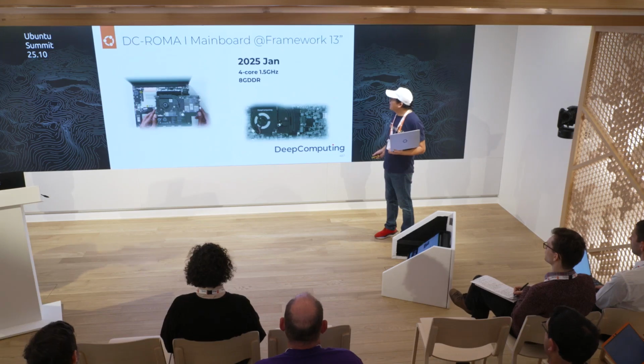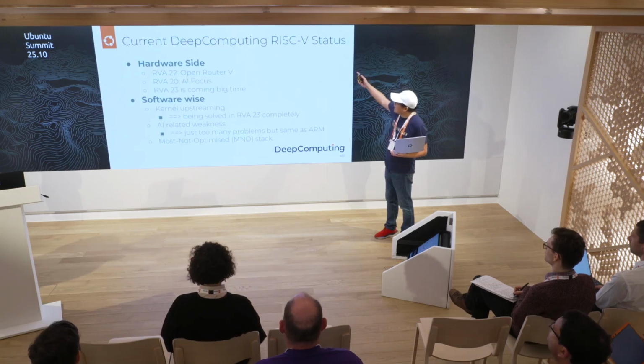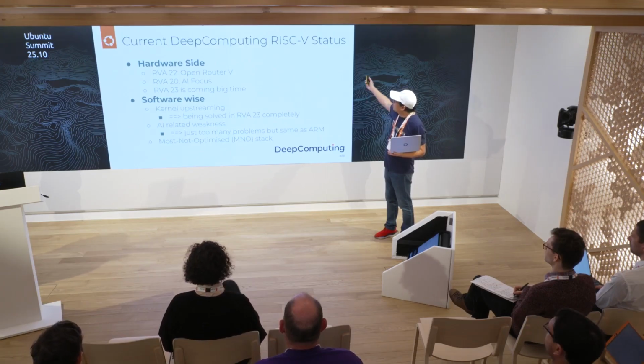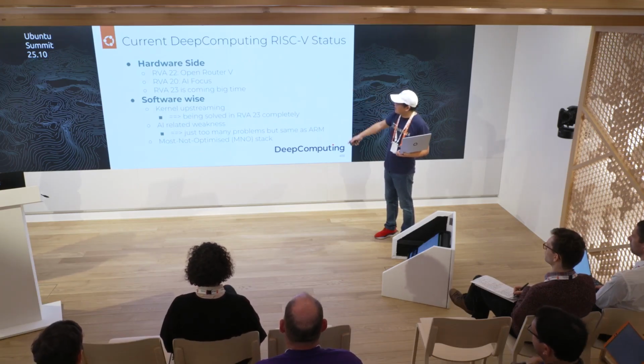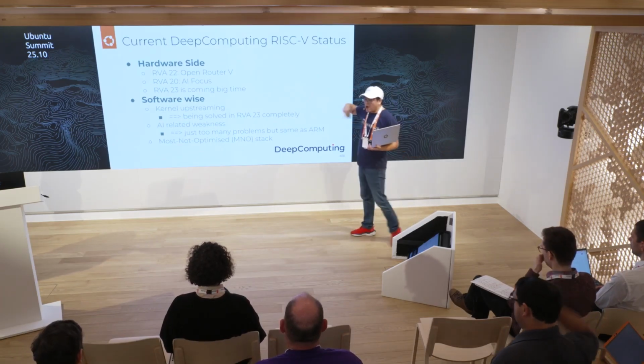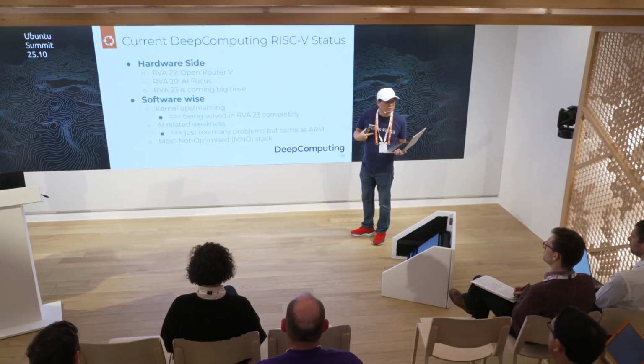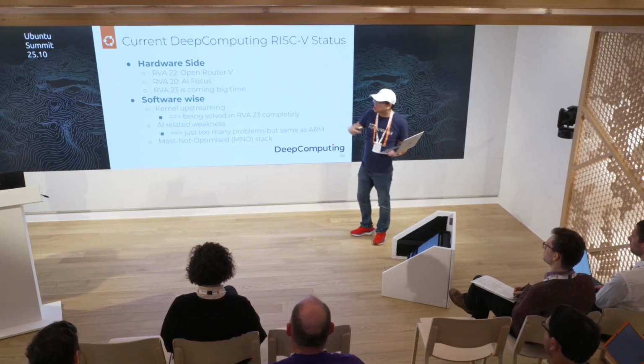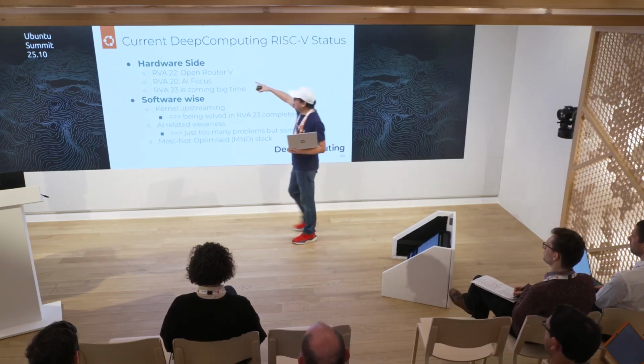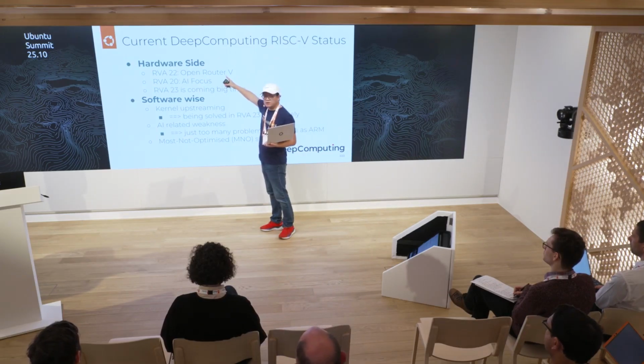After the Framework collaboration, we take a look at the hardware side. Because RVA23 was announced, we have a problem of what to do with all the old chips. We have an RVA22, which is SpacemiT with vector.